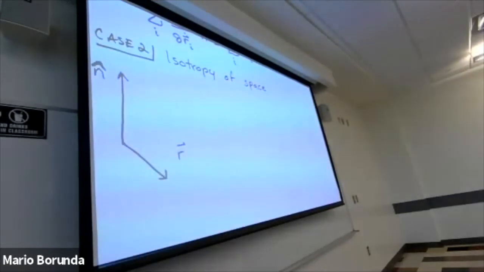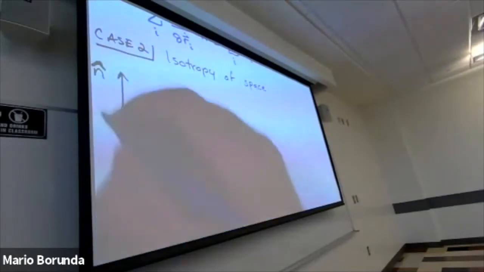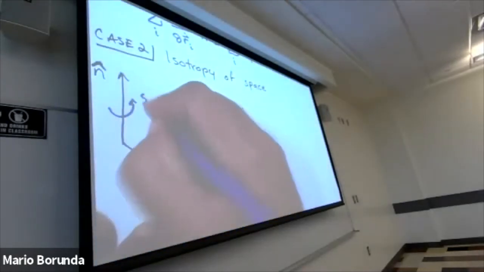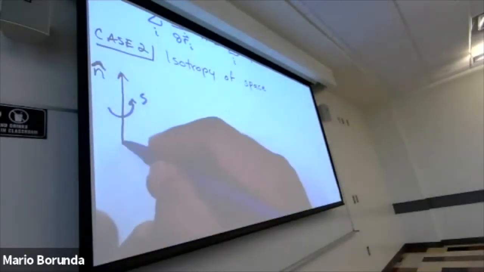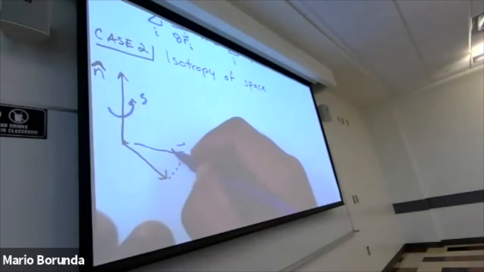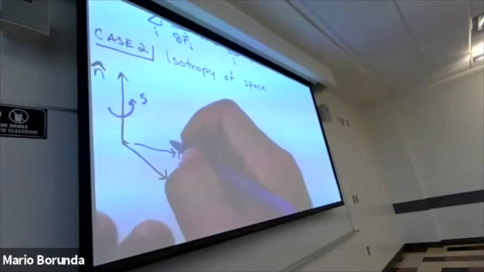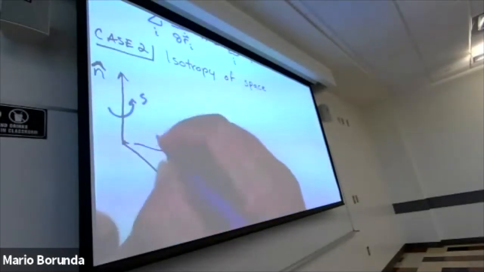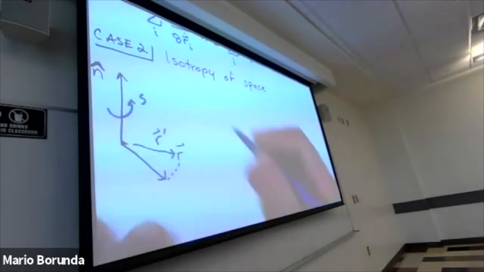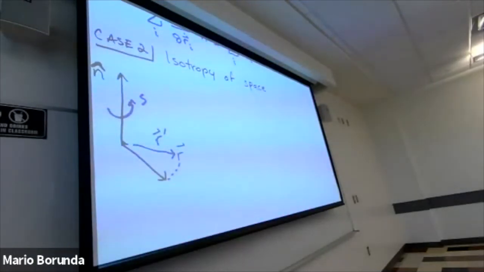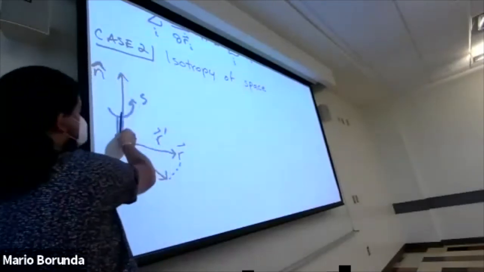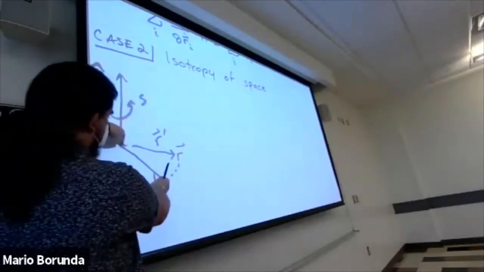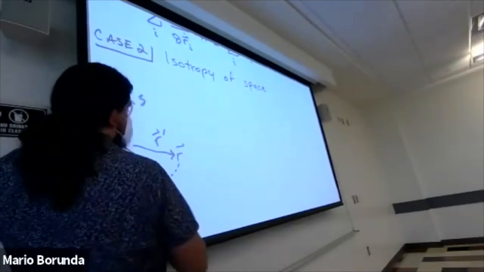If I rotate it, I'm going to move it in this direction by s, and that means that this is my shifted vector. Rotating it, that's the s direction. I have this vector and I rotated it this way with respect to this axis.